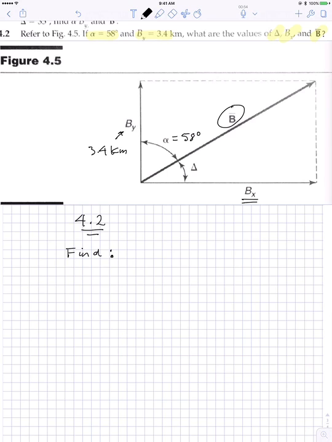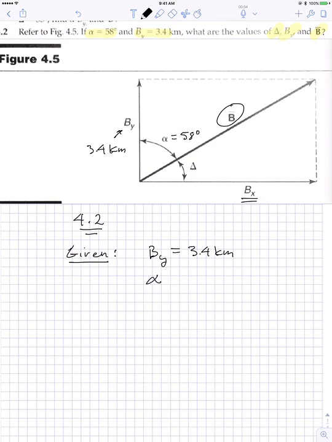So we're going to say find, oops, I forgot the given. Okay, so let me erase that. So given, we're given that by is 3.4 kilometers.